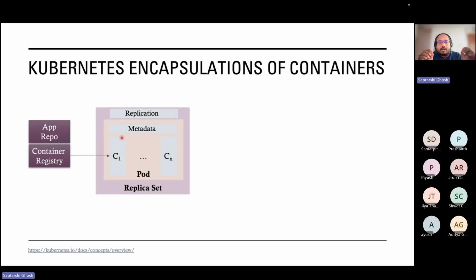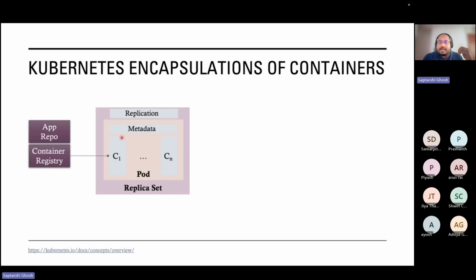Now try to understand what I'm saying here. A single pod is a collection of a finite number of containers. Just imagine a pod contains three containers, so C1, C2, C3 go inside a pod. So n is three. That is a unit of execution.